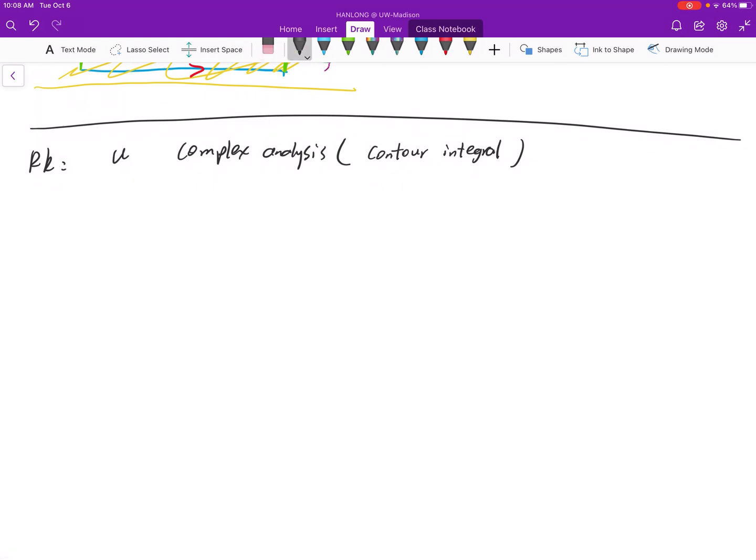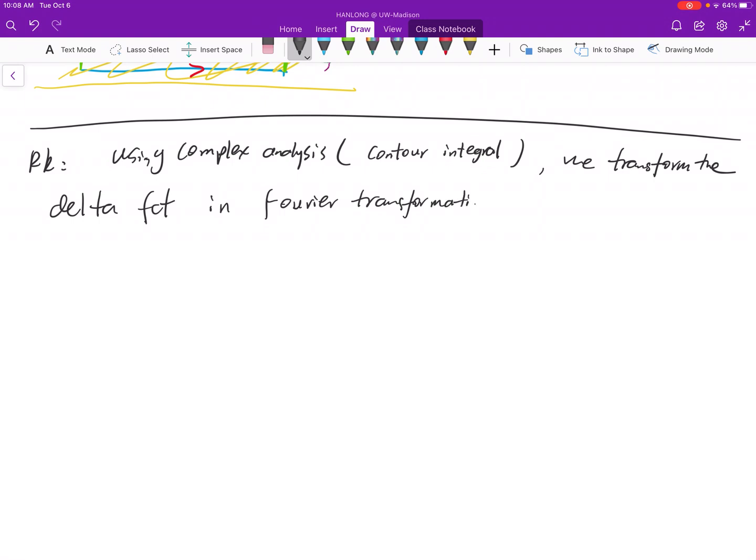Using this technique, we transform the delta function in the Fourier transformation to a contour integral.